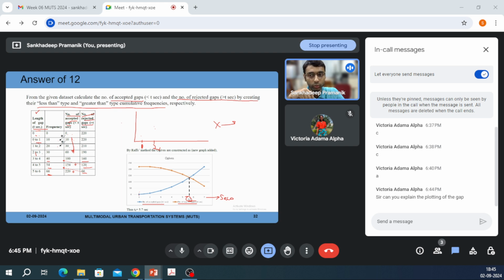Then for 2 to 3 if you take the midpoint, that will be 60, then 100, then 150, 220. So it is quite an increasing trend. And if you consider the number of rejected gaps, for 0 it is 220, so it is quite high, above 200. Then for 0 to 1 it is also 220.